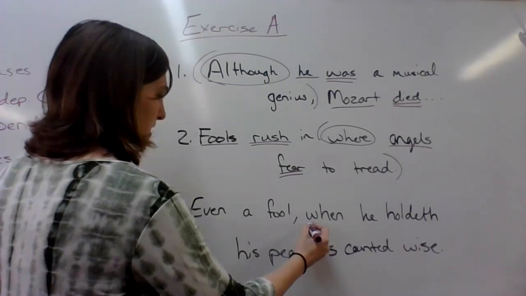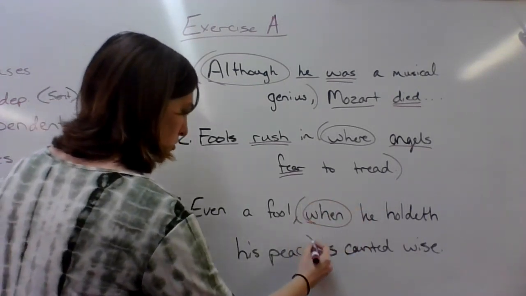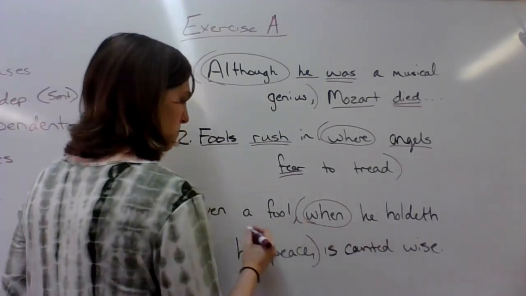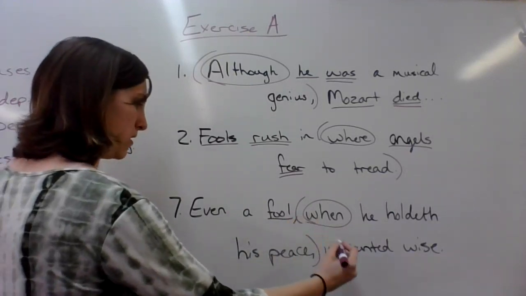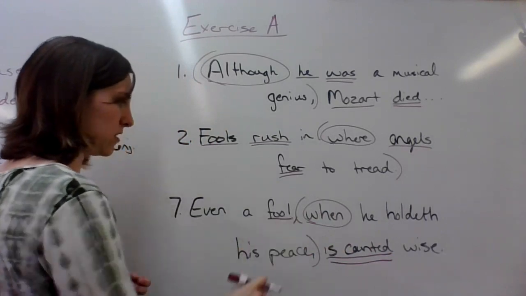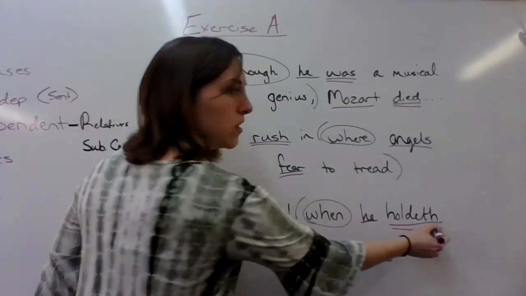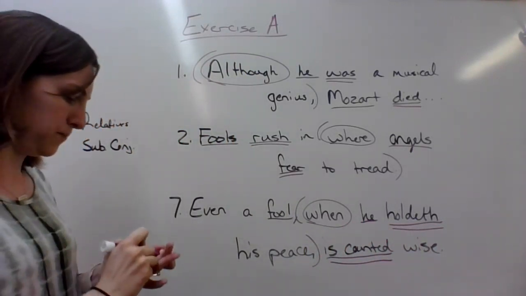So we've got the word when, and of course the commas show us where the clause is. And just to show you, here's the subject and verb. Here it is on the outside. Fool is counted. Okay, it would be outside of the clause right here. And then he holdeth would be the subject and verb on the inside.